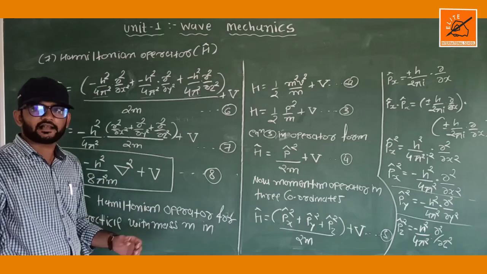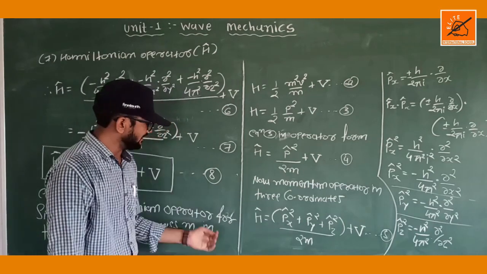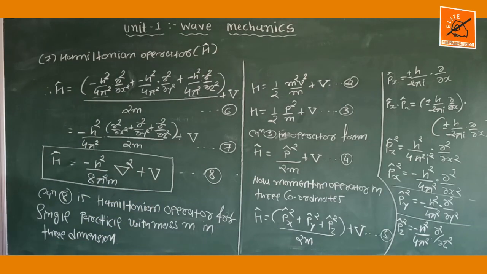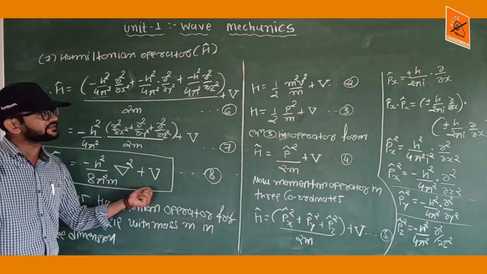Suppose the particles are more than one, not single, it means 1, 2, 3, 4. At that time, the Hamiltonian operator can be written as follows.